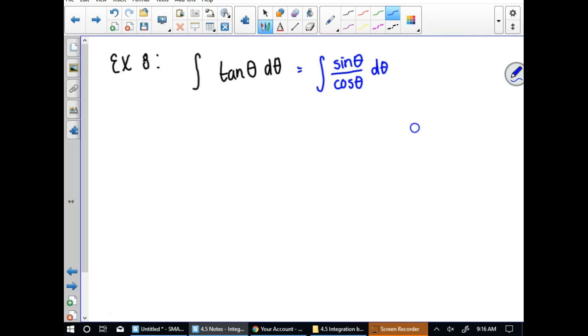So we want our u to be cosine of theta, which means du would be negative sine of theta d theta. So we've got the sine, we've got the d theta, we just need a negative right there with it. So we're going to put a negative right there on the inside, and we have to put a negative on the outside.